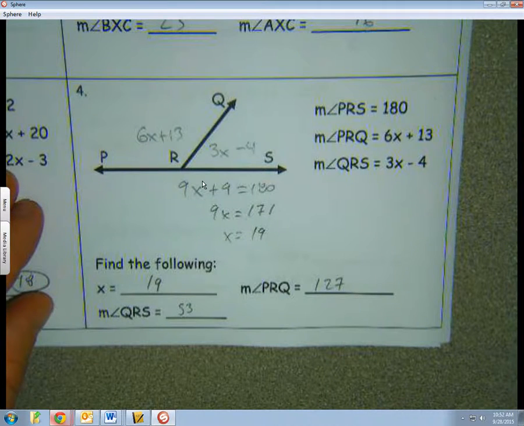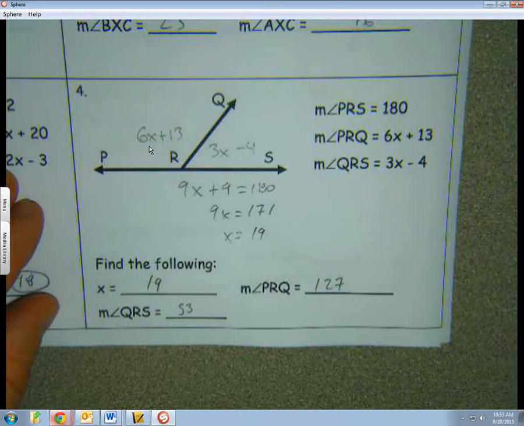I add the x's together, get 9x, and I added the 13 and the minus 4 and got 9 is 180. Subtracted the 9 from each side, so now I've got 9x is 171 divided by 9, and I get x is 19.